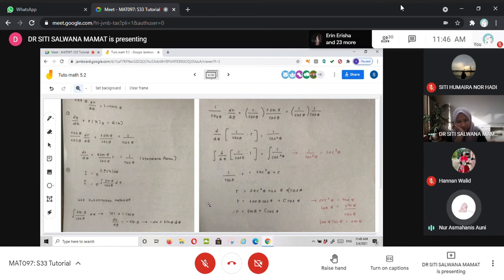So yang dekat sebelah left hand side ni dia still jadi 1 over cos theta. Kalau integrate pun dia integrate dengan derivative still 1 over cos theta times r. And then so just integrate yang right hand side. So integrate 1 over cos theta times 1 over cos theta equal to 1 over cos squared theta.